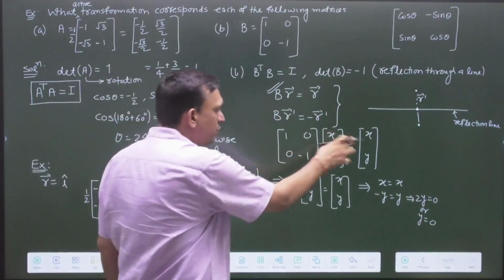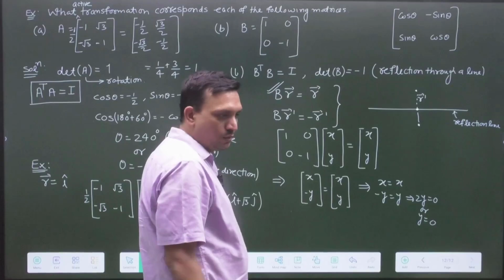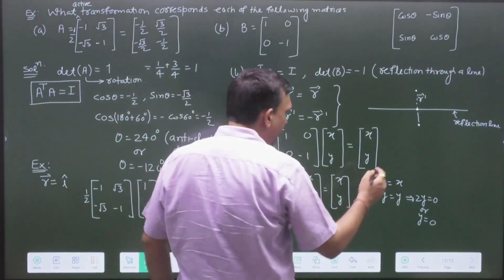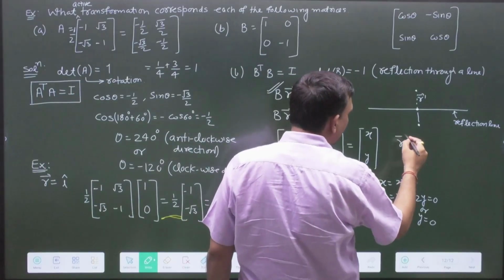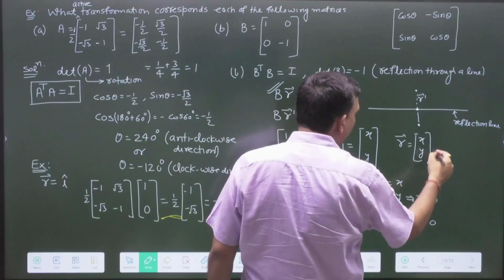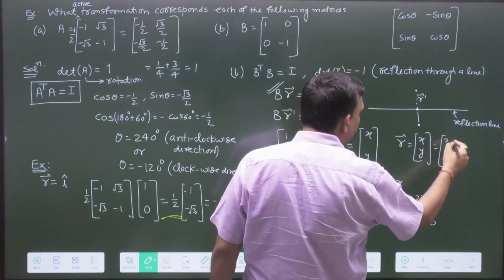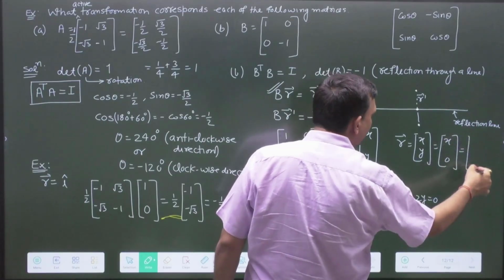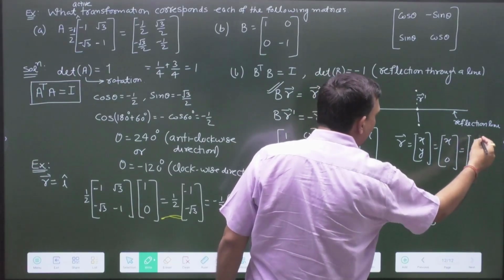If you impose this condition, you are getting y is equal to 0. So what will be the reflection line? R is xy, so y is 0, you are getting x is equal to 0. Or simply, if you write the normalized vector, 1, 0. This will be the reflection line.